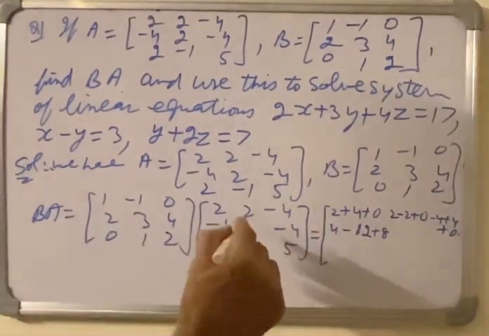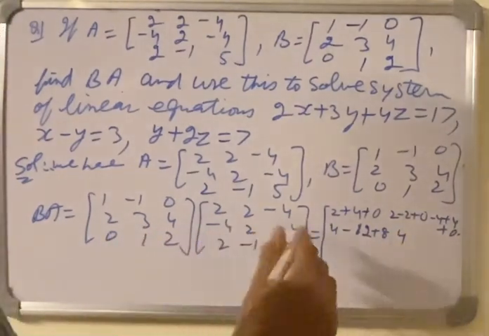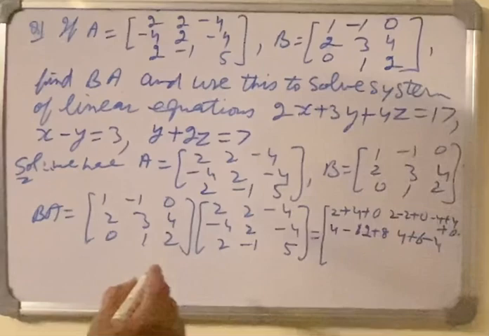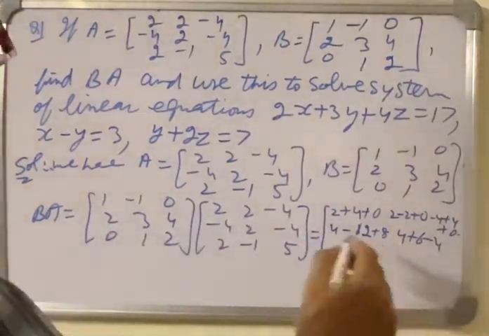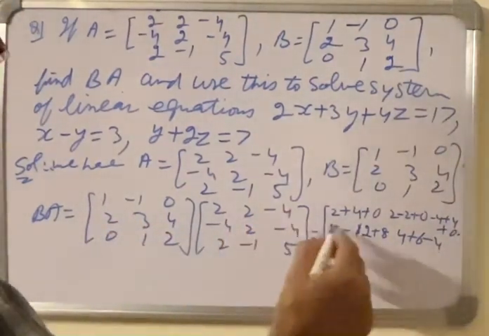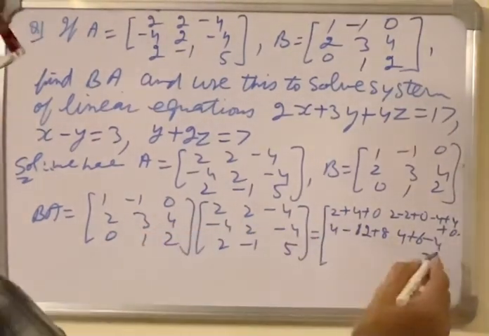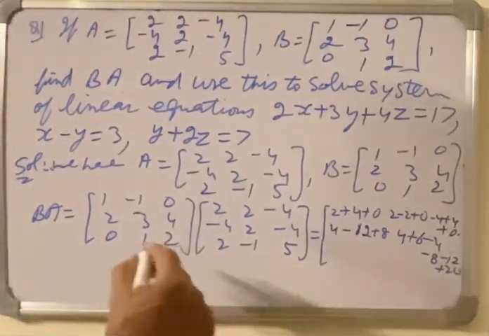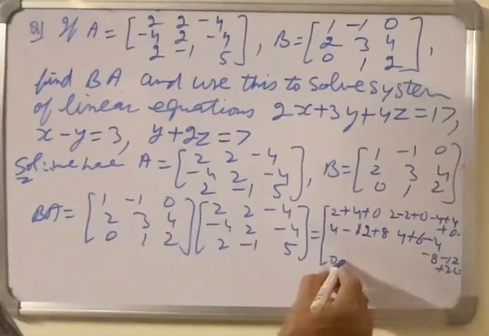Then second row with second column: 4 plus 6 minus 4. Then second row with third column: minus 8 minus 12 plus 20.